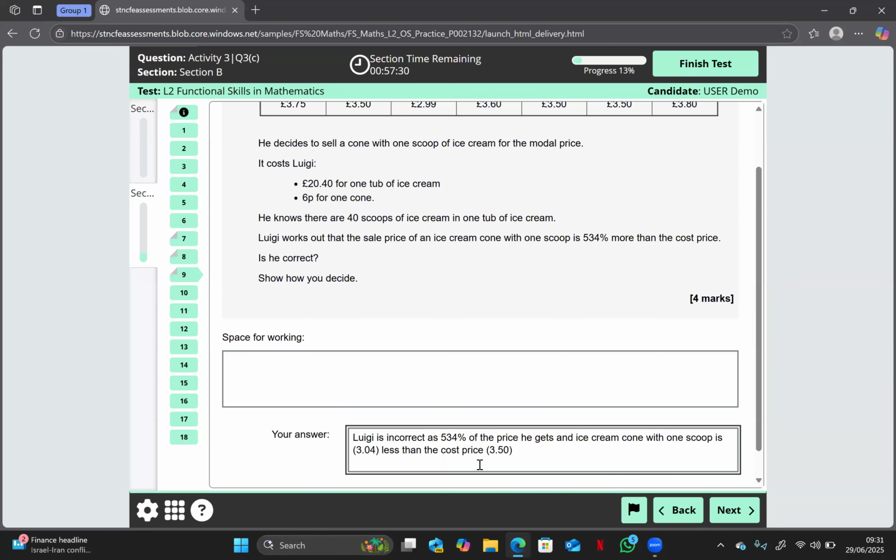So 57 pence. 534% of that is £3 and 4 pence, which is less than £3.50, which is the modal price of one scoop, which he sells it for. Therefore, he's incorrect, as it's more than that.